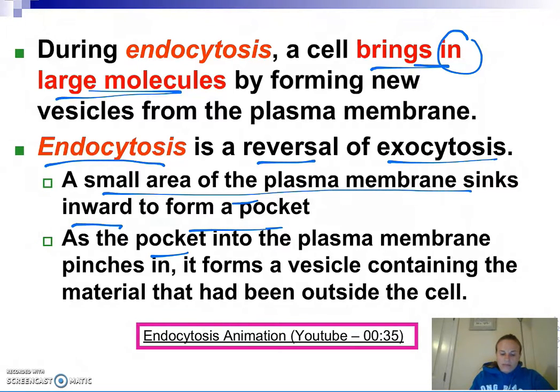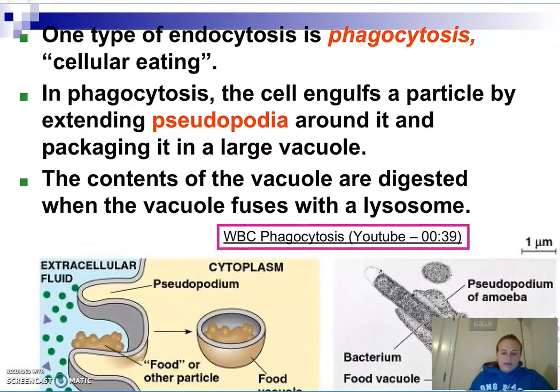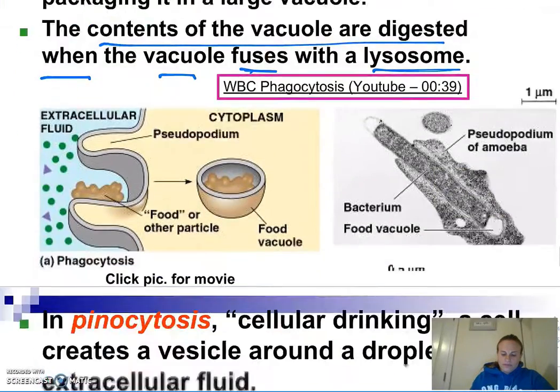Then that pocket pinches in, forming a vesicle containing the material that was once outside of the cell. It's also known as cellular eating, and the contents of the vacuole are then going to be digested when the vacuole fuses with a lysosome.